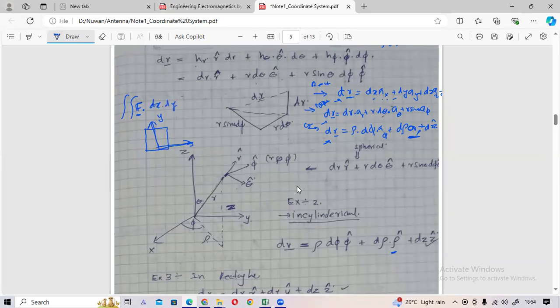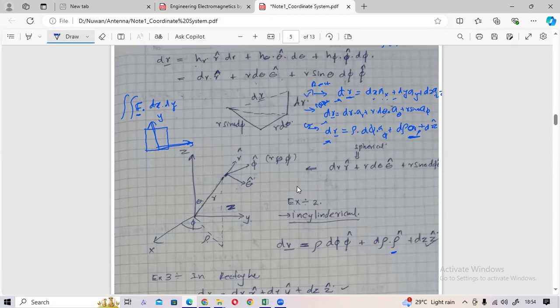If the surface is in the zx plane, you integrate with respect to z and x, dx dz, and so on. So you can do any surface integration.